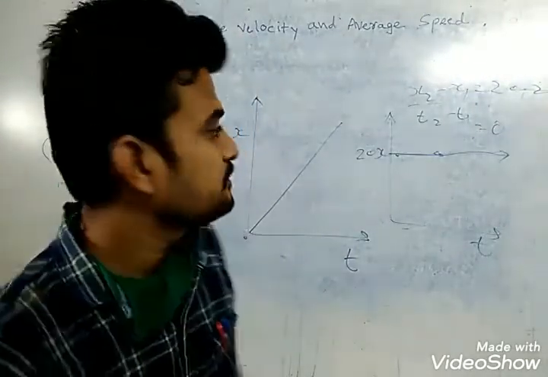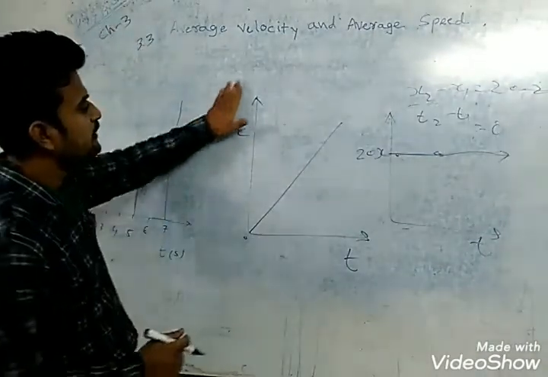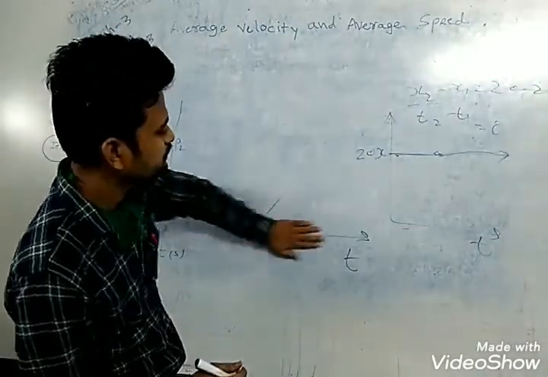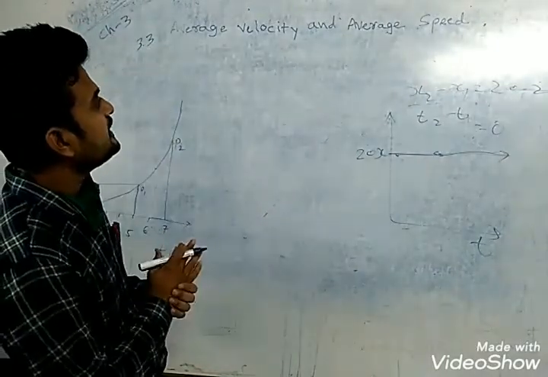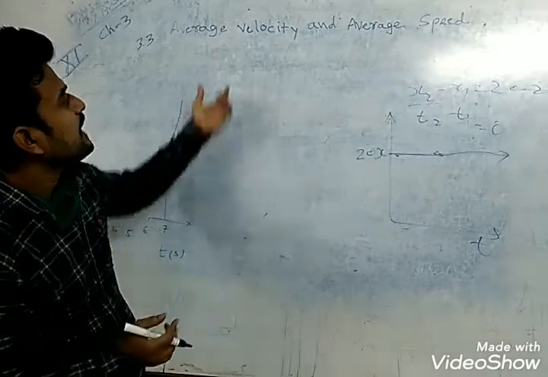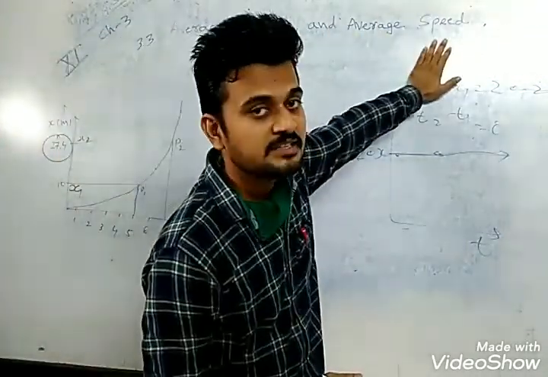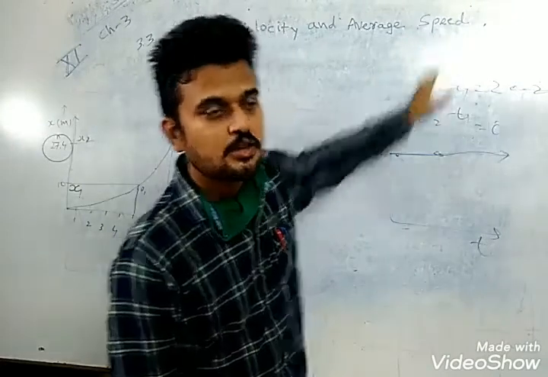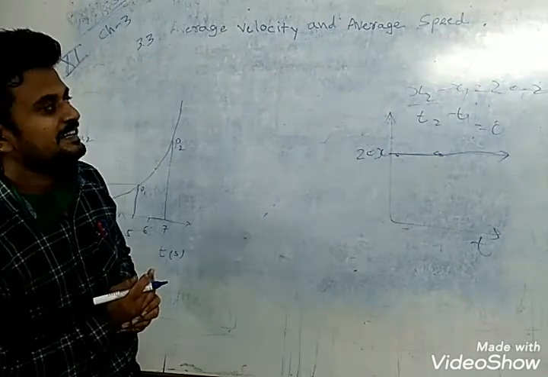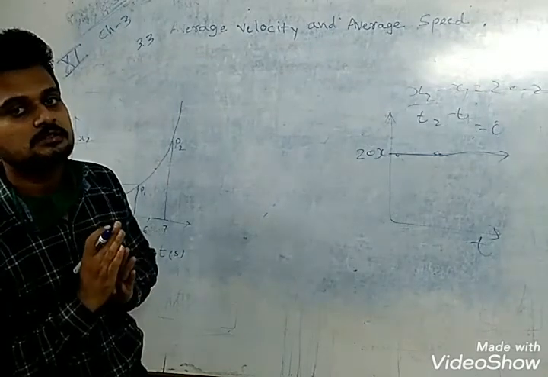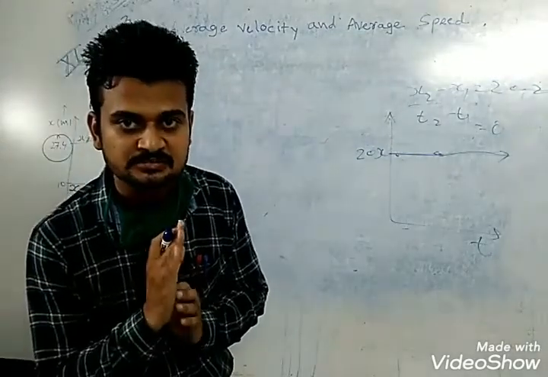Now the next point is average speed. Again, we know that average velocity is a vector quantity and average speed is a scalar quantity. So average speed depends only on magnitude, not on direction.